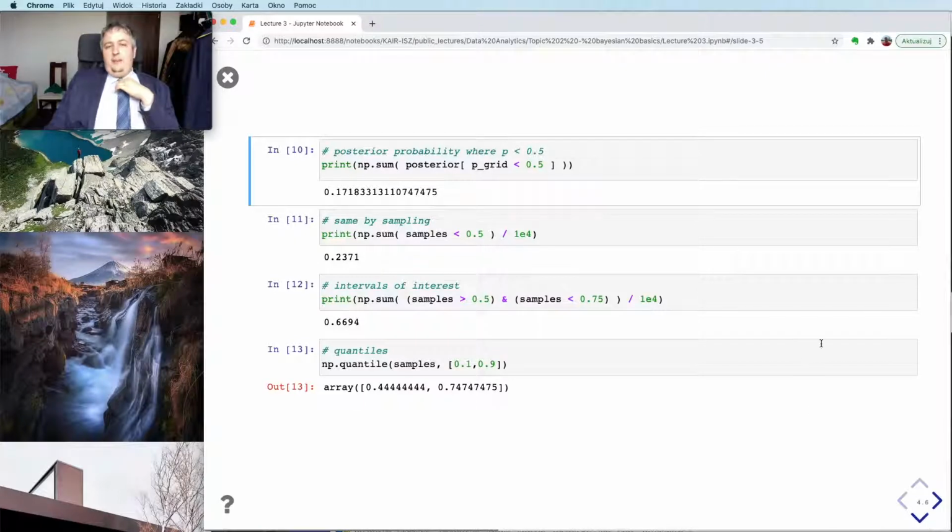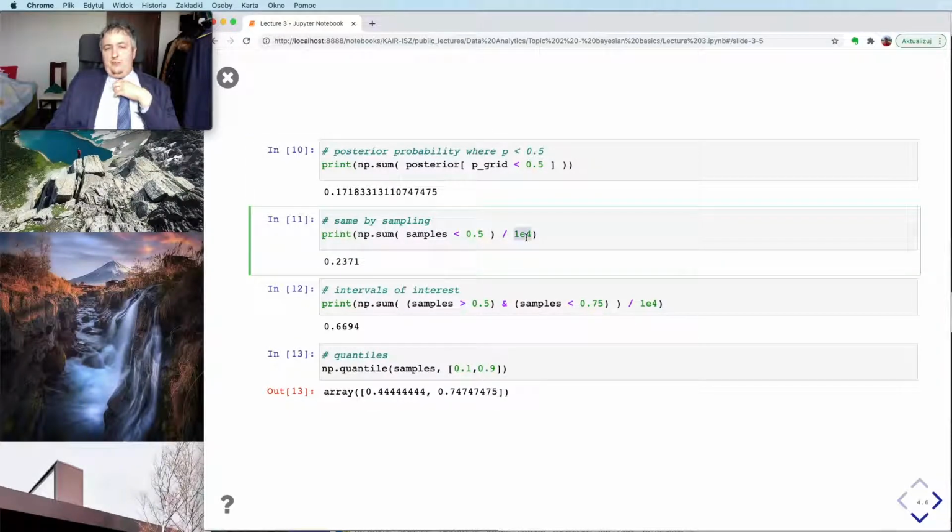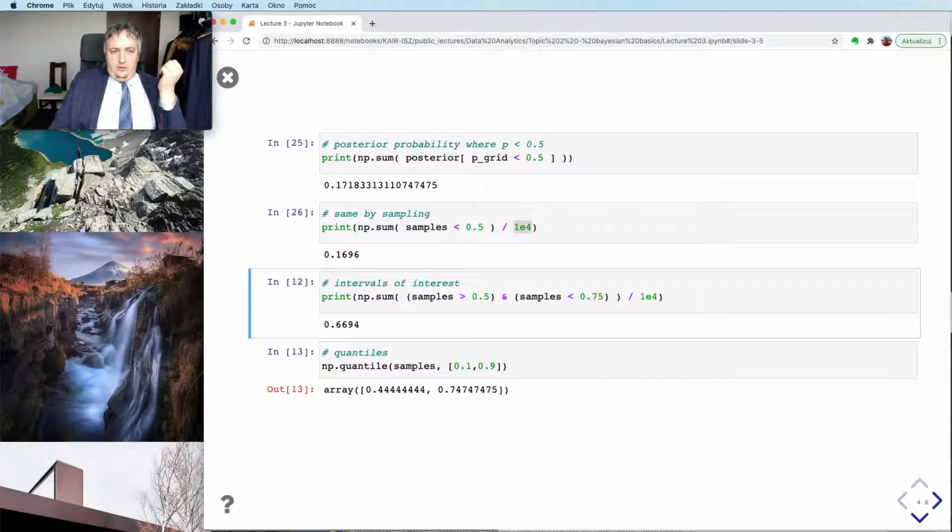We can do it either by integration from a posterior or just by computing samples less than 0.5 and computing the average. We had 10,000 samples, so we divided by 10,000. Just to be clear, those values are of course consistent with one another. The difference is that we have different posterior at different places and different samples.